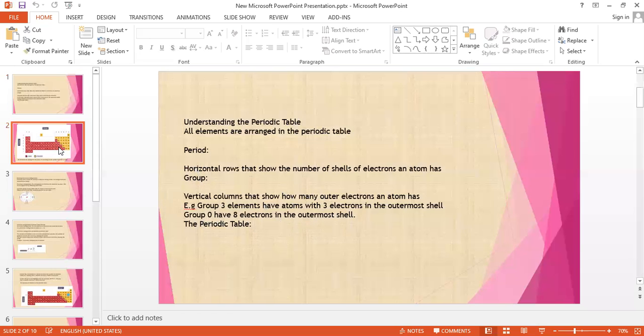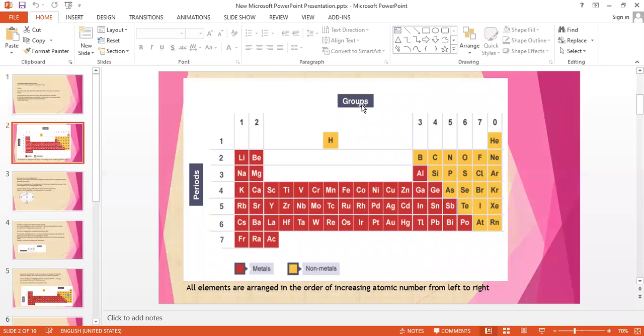Now the next point. So this is the group, and here are the periods. Right. So this is the group 1 elements, and this is the group 2 elements. Now define group 1 elements: lithium, sodium, potassium, rubidium, cesium.